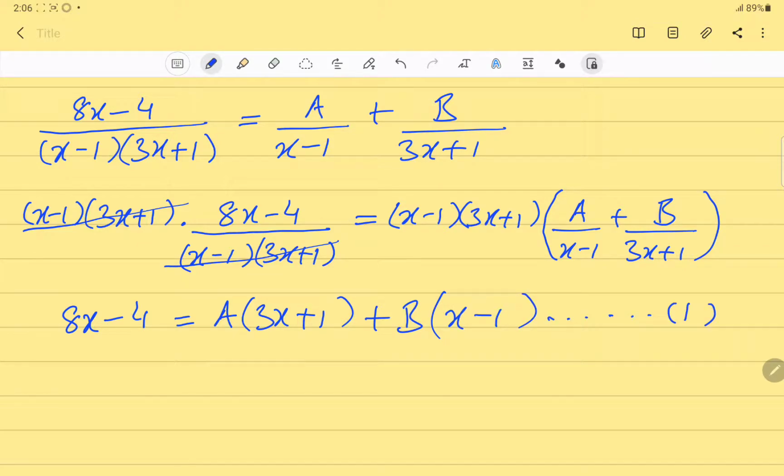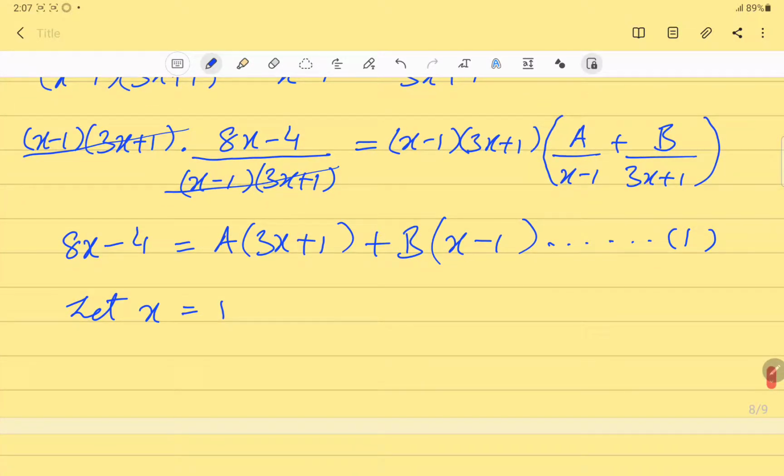Let us call this equation 1. Now we will be assuming different values of x to find out the values of the constants a and b. For the first time we assume x equal to 1.